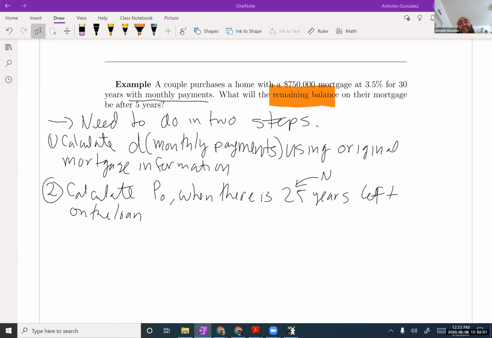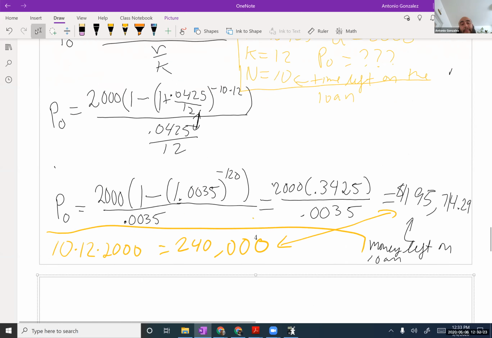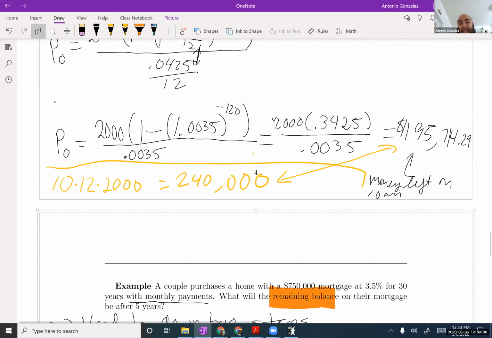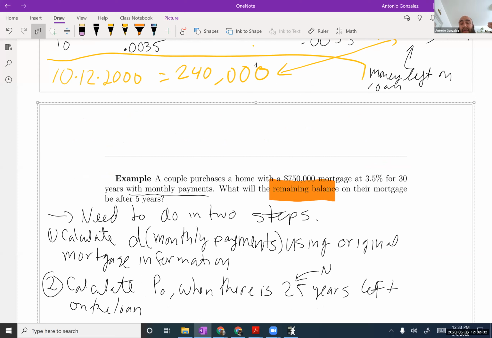Well, part 2 is the same as this calculation here. So let's say for part 1, I simply want to calculate, let's say this was the scenario that I'm in, I found a home, it's 750,000. I can get a 3.5% mortgage for 30 years. So I just want to find what would be the monthly payments on it.